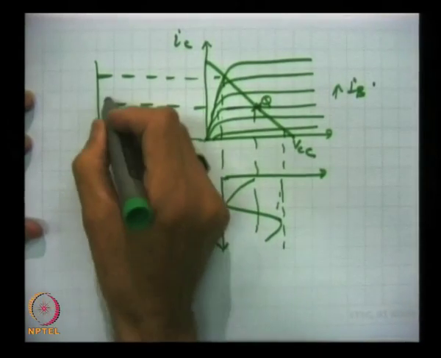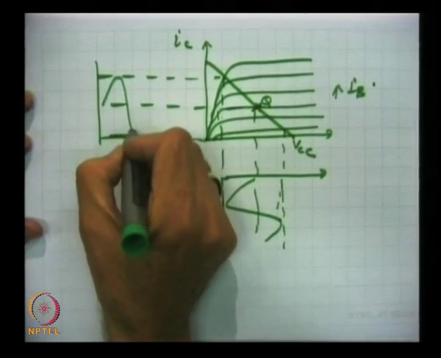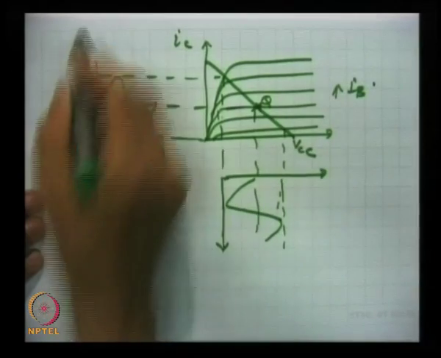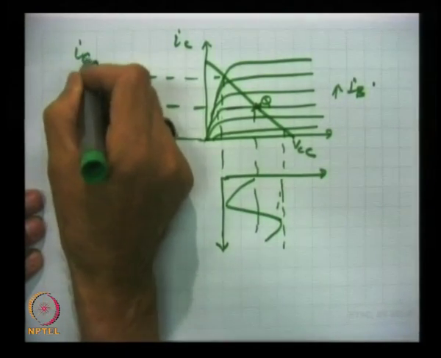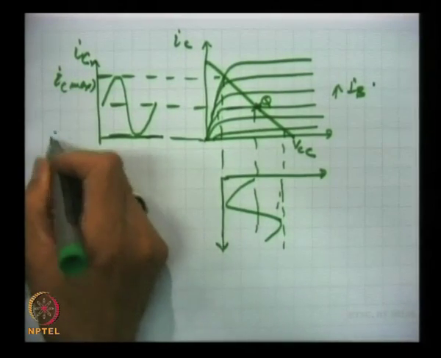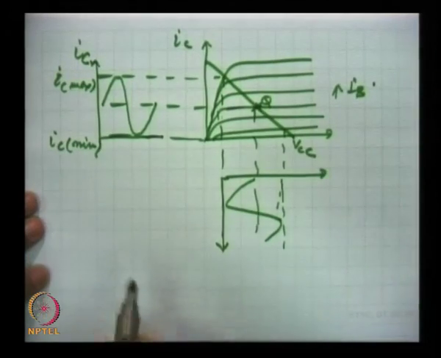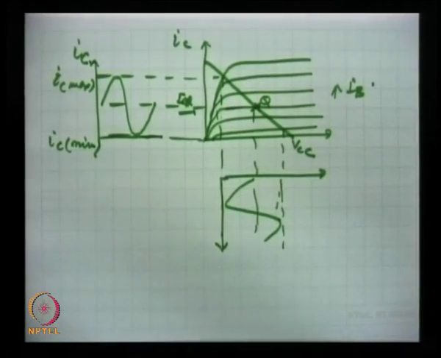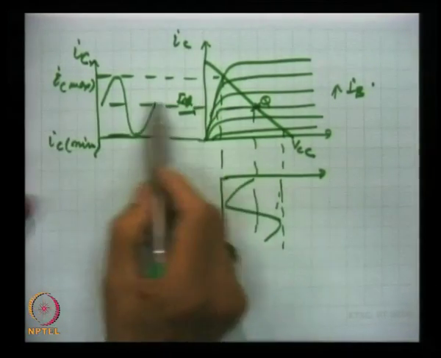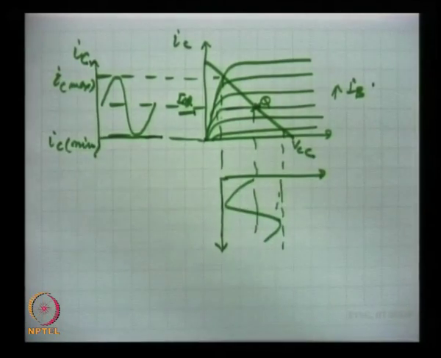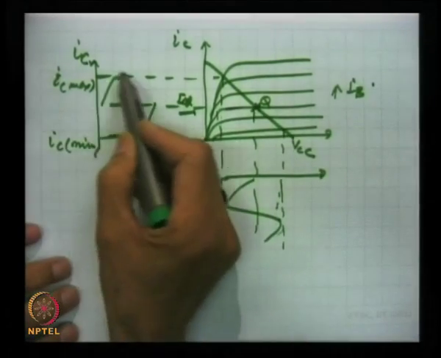This current varies like that. This is a very large voltage swing and large current swing. This is IC maximum, this is IC minimum, and this is ICQ. Across this DC current, the current and voltages will swing because of the AC operation, and this voltage varies and current varies.